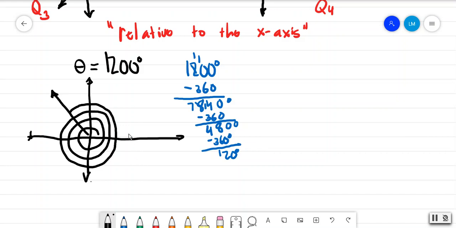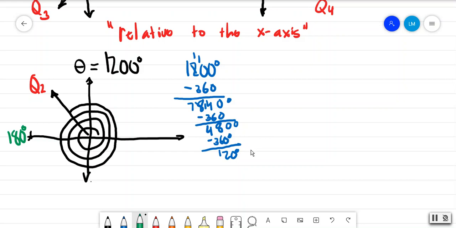Now, you don't technically need to draw it like this if you don't want to. If you know that it's already 3 times and then plus 120, you can just put the ray and indicate 120. So it terminated in quadrant 2, and it is relative to the x-axis at 180.